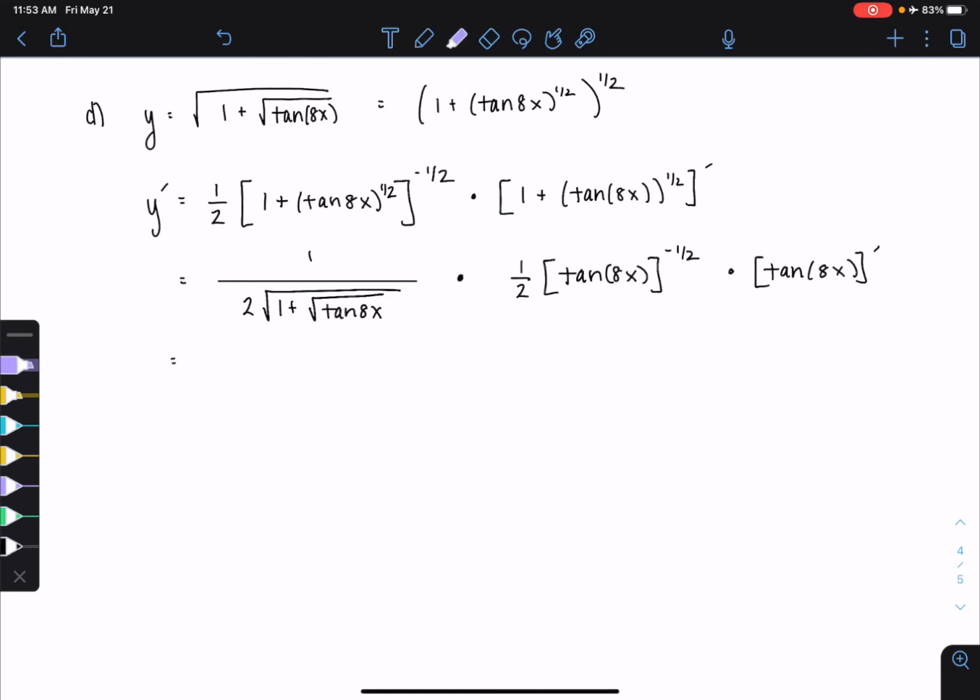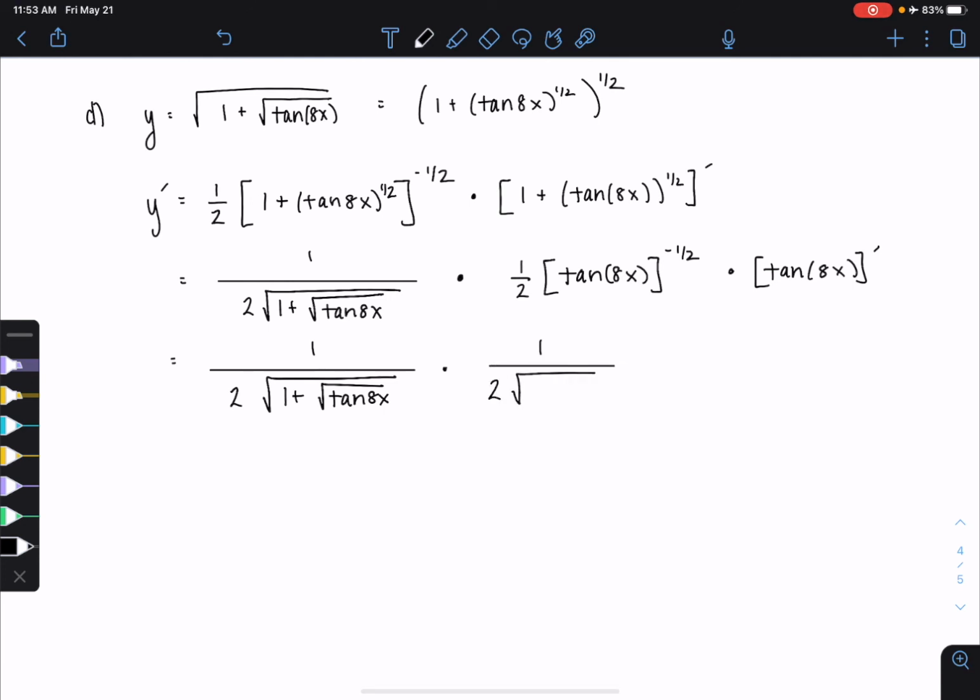Cleaning this up now, we've got a 2 and a 2 in the bottom, so we could rewrite that at this moment. I'll save that until the next step though, because I'll just rewrite this second piece. This is 1 over 2 square root of tangent of 8x.